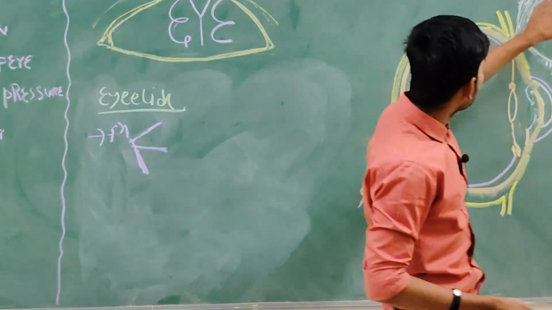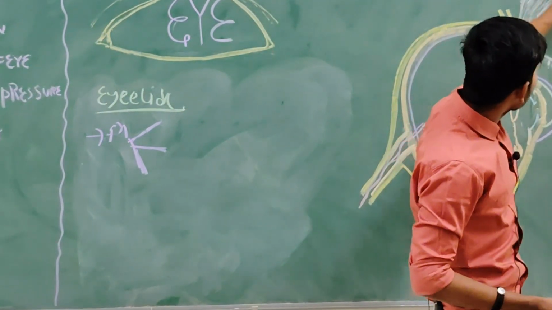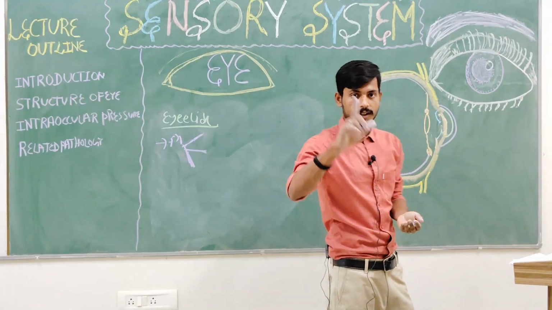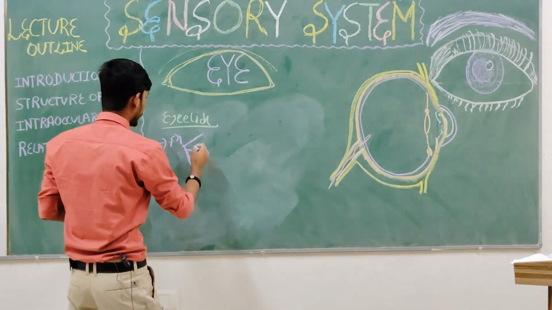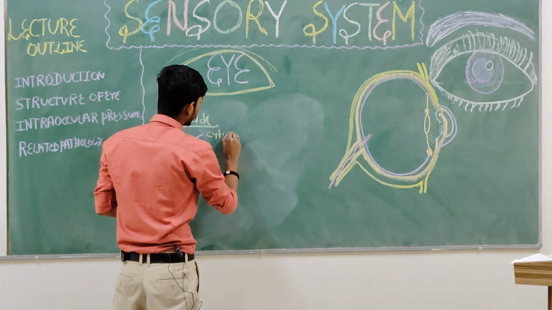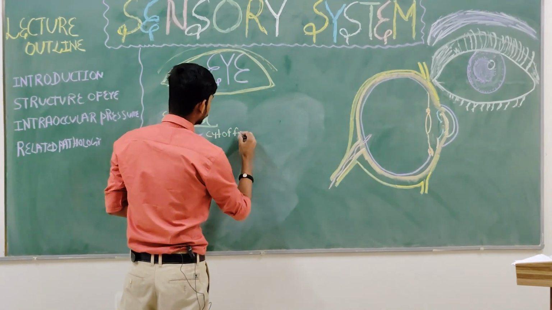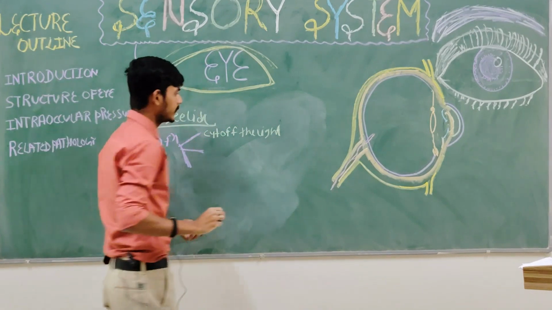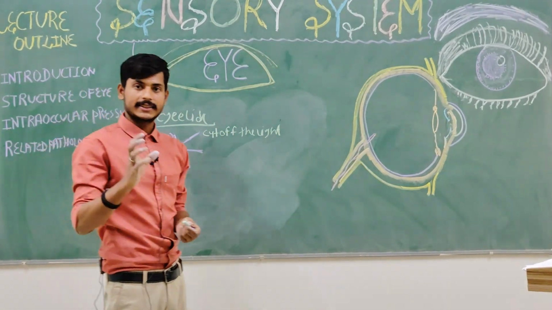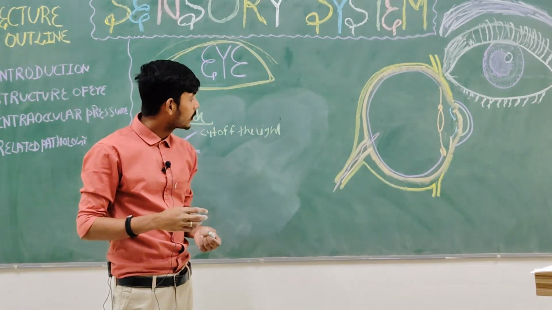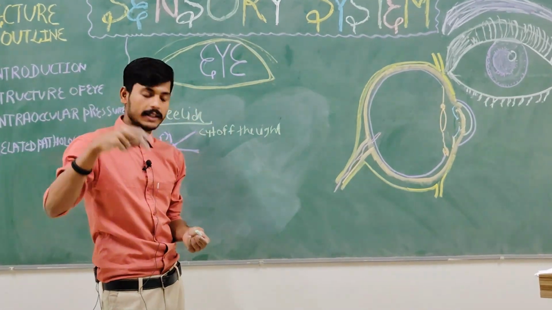See, these eyelids, as you are seeing, first they help to cut off the light. They help during sleep, they cut off the light. Second thing, when any dust comes in the eye, they start rapid blinking.